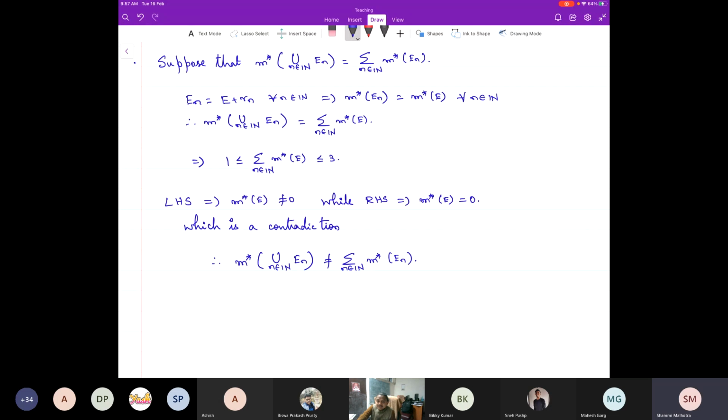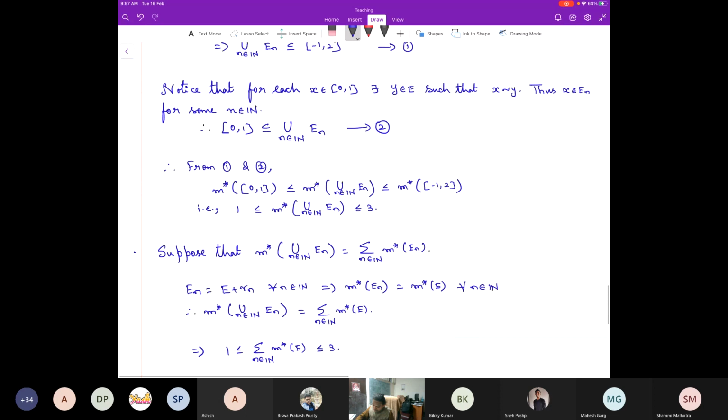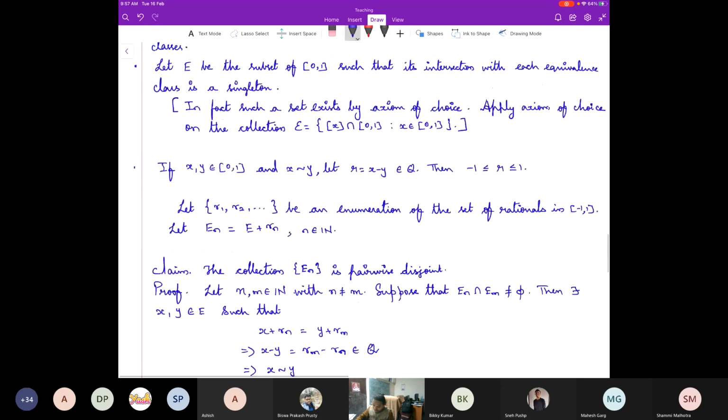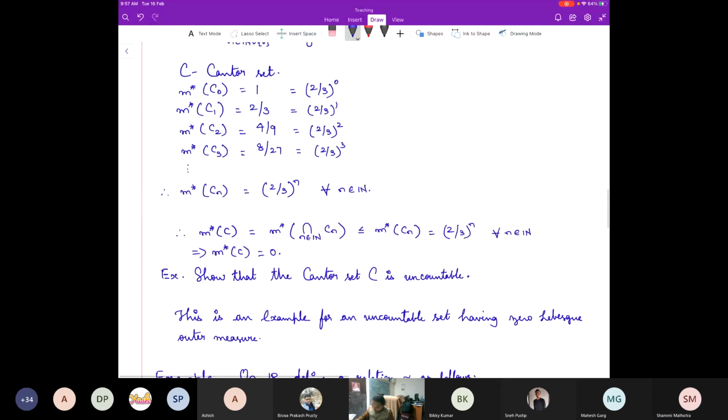Sir, can you go back to the Cantor example? Here. So in this, how are we writing M star of Cn is equal to (2/3) raised to the power n, for n greater than or equal to 2? Because we only know Lebesgue outer measure is length of the interval when you have an interval, and it's subadditive, not additive.